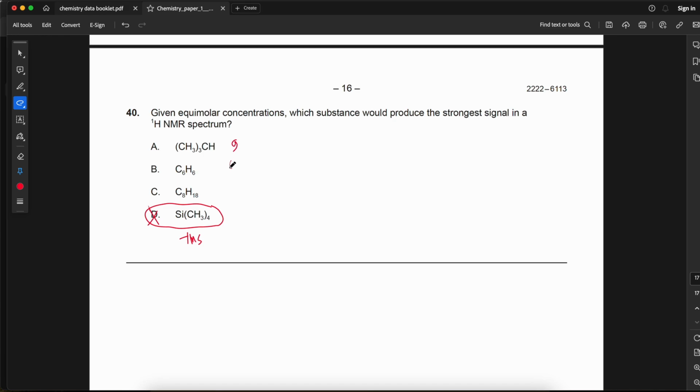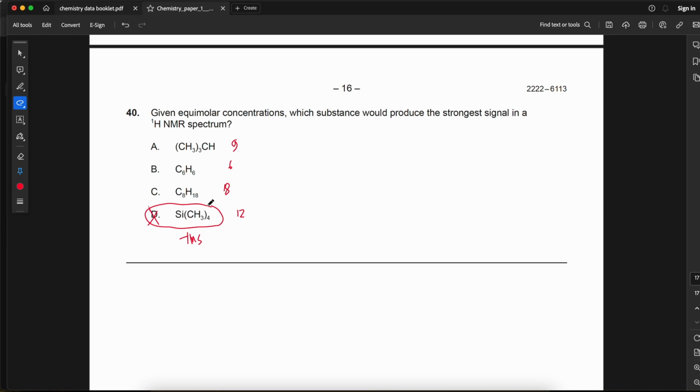This is 9, this is 6, and this one is 18, but this one is 12. However, Si does not exhibit a signal in proton NMR, so the observed signal comes only from the methyl groups. But the key point here is this one is TMS. TMS produces a very sharp peak, and it is used as a standard or reference peak and produces a single sharp peak in the NMR spectrum.